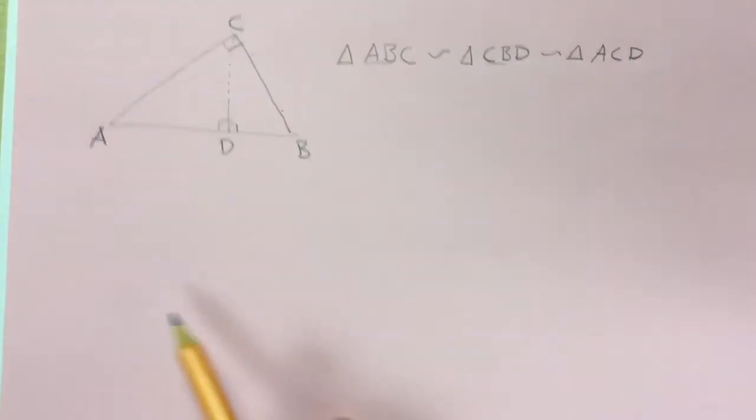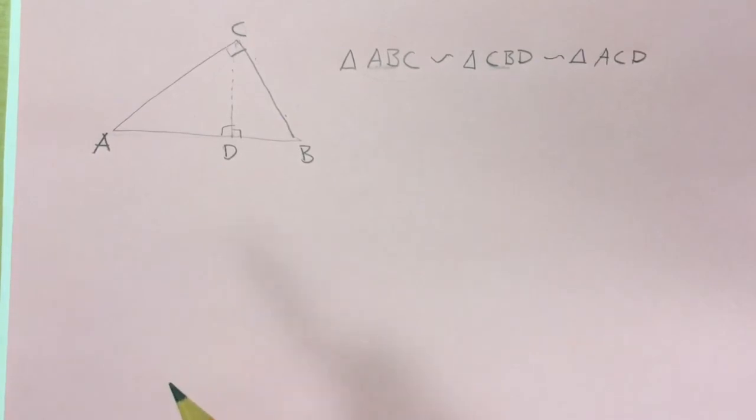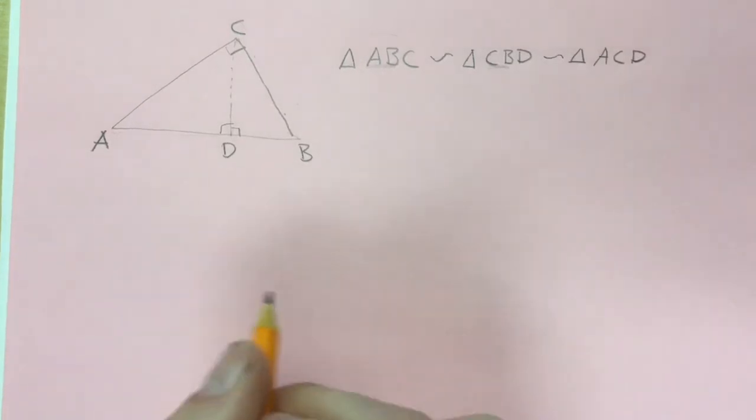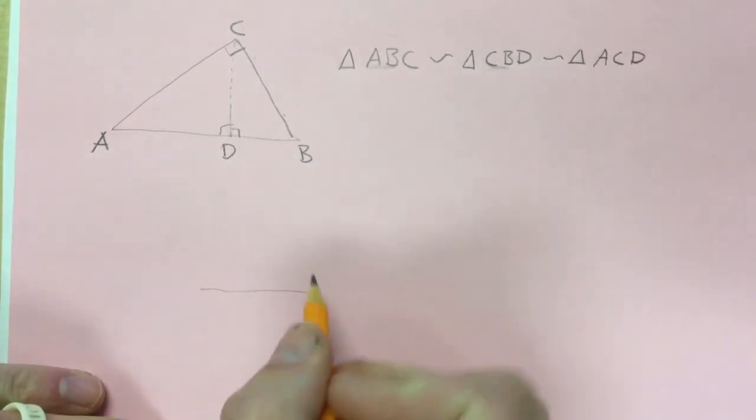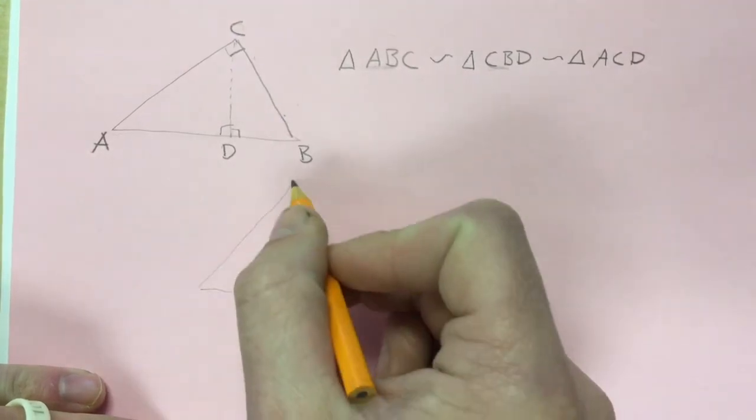So you want to start spotting angles and sides that correspond between the two, because we're going to be setting up proportions with these, just like we did with yesterday's theorems. And in yesterday's theorems, if you remember, it was just something divided up like this.